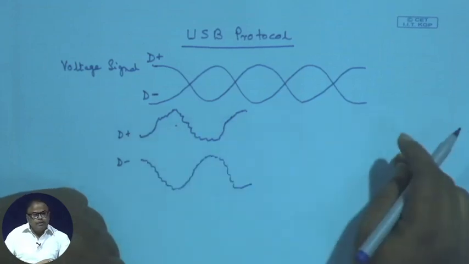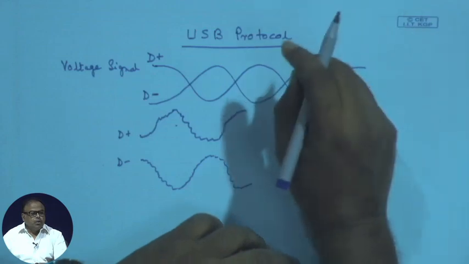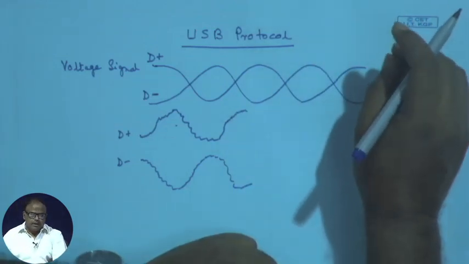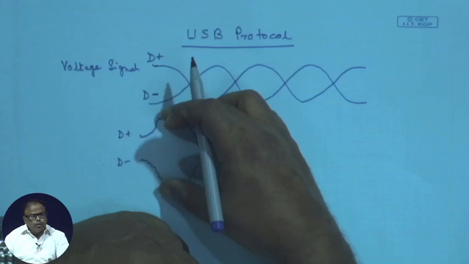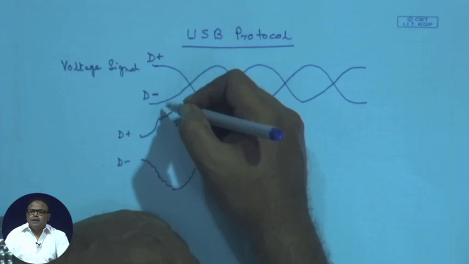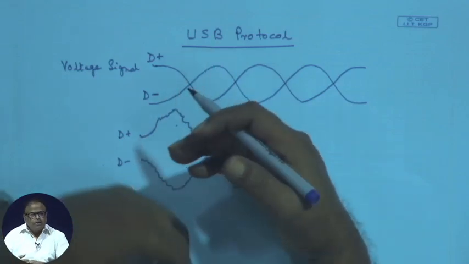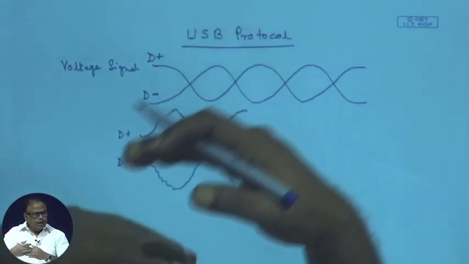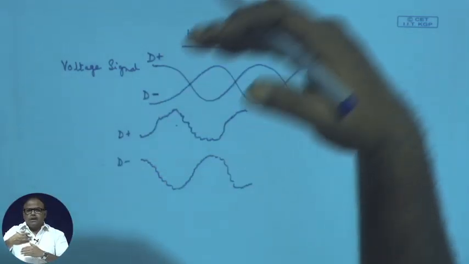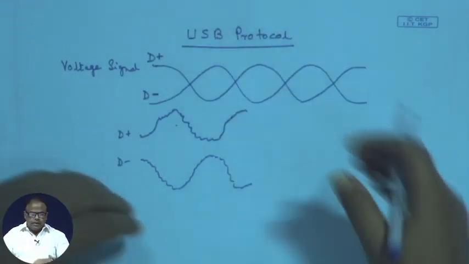Now, while transmitting them through some channels, the channels are always having some noise. So, the noise will affect both of them, right. Now, if I take the differential of these, I will get the actual data, because the noise will be cancelled out, because it is being sent in a differential mode.